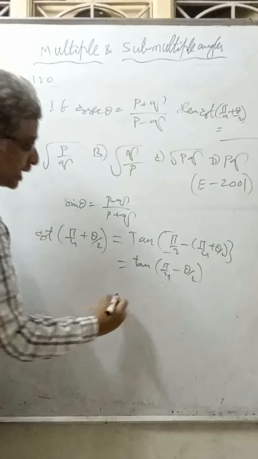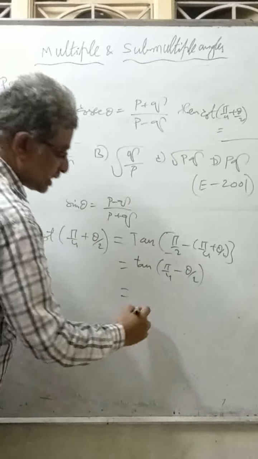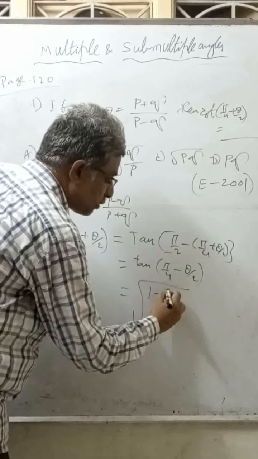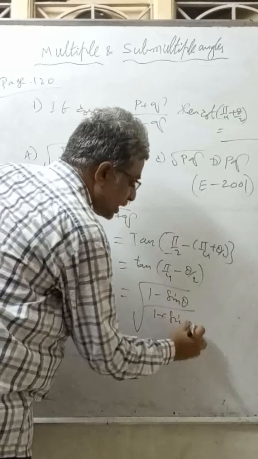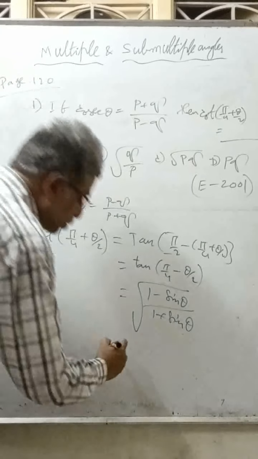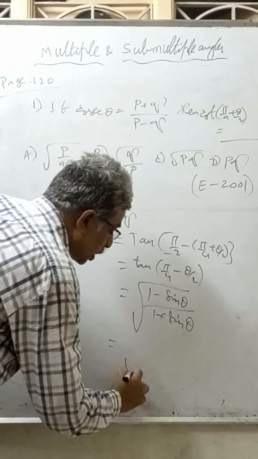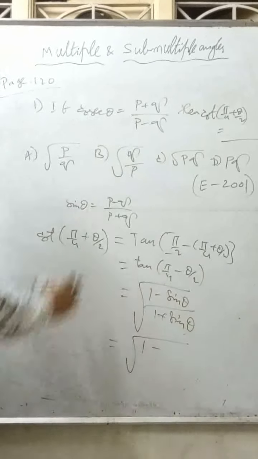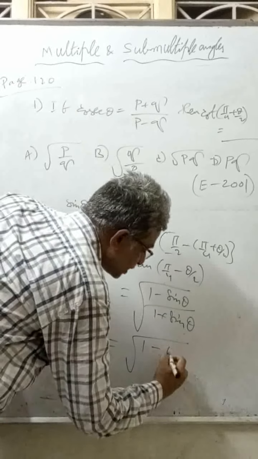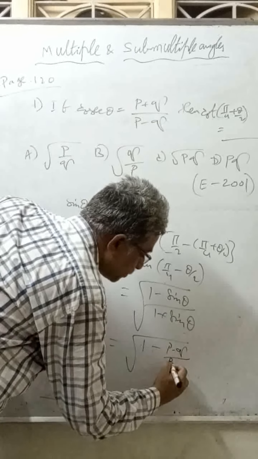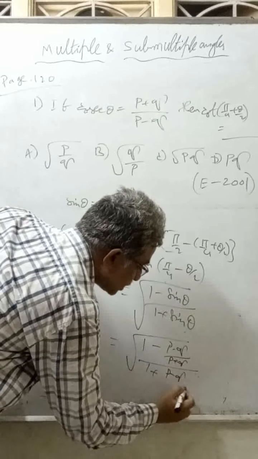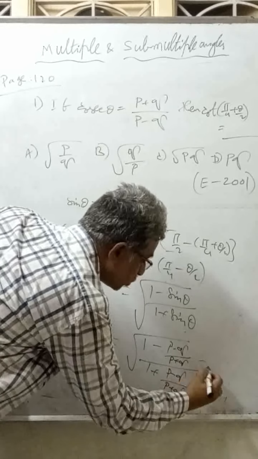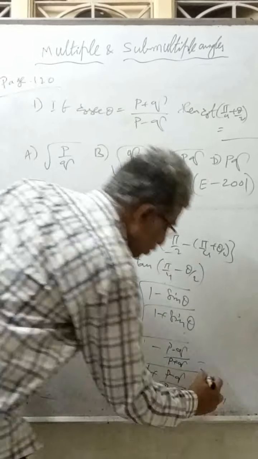So just now only we derived a formula tan of pi by 4 minus theta by 2, that is root of 1 minus sin theta by 1 plus sin theta. Just now only we discussed it. So this is equal to root of 1 minus, what is sin theta given? P minus q by p plus q, by the same 1 plus p minus q by p plus q. If you take the LCM, what happens?